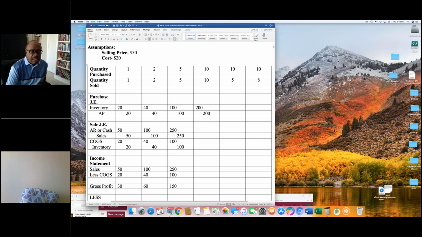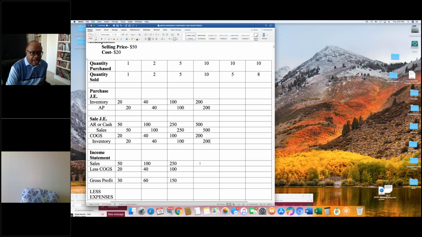When we sell the 10 pairs of shoes, we're going to debit cash for 500, credit sales for 500. Our cost of goods sold is 200. So we debit cost of goods sold and credit inventory for 200.